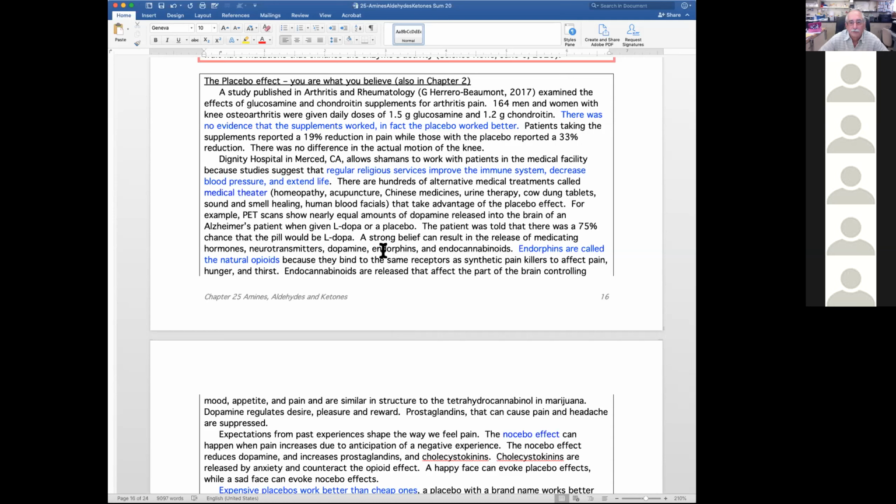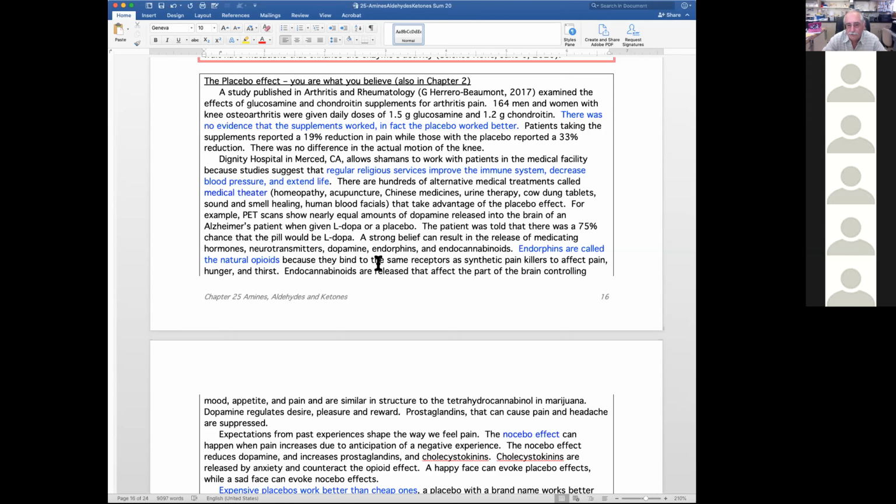I have a friend who's since retired, and he taught at medical schools for his entire 50-year career. And this was his field. He claims that the placebo effect could be up to 50%, depending on circumstances. What that means is, if everybody in a room had a headache, and I gave everybody in that room a sugar pill, placebo, half of the people would say, oh, thank you, that made my headache go away.